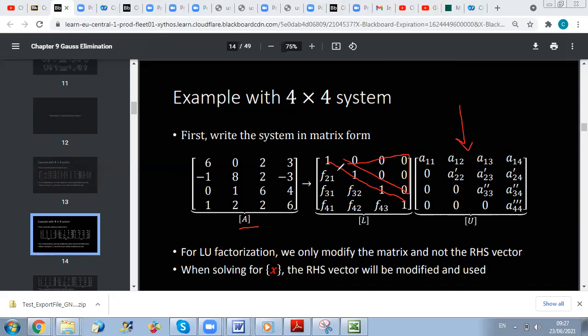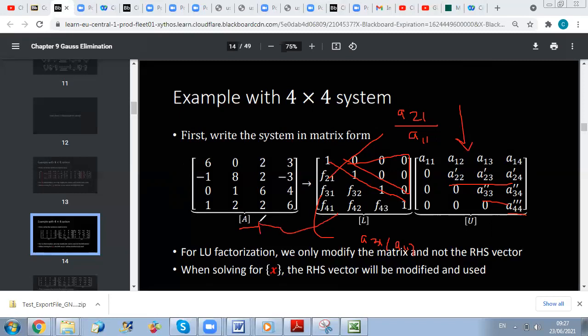What is F21? F21 is A21 over A11, and F31 is A31 over A11. All of these coefficients, A prime, A second, are related to the A's and F's.